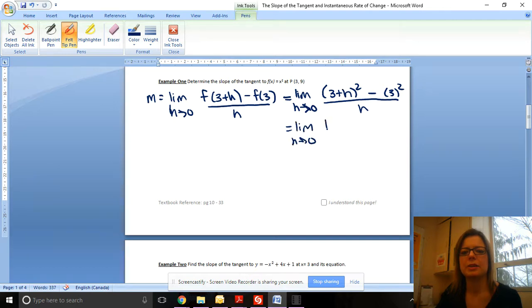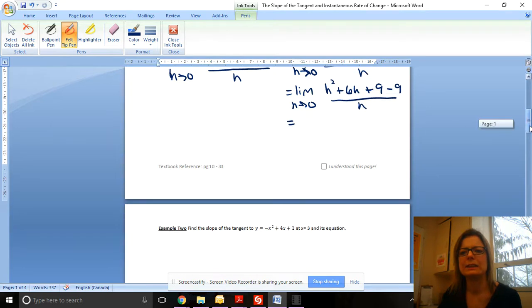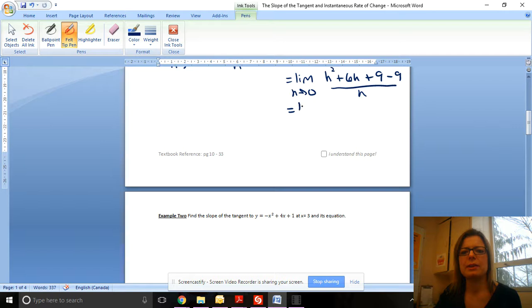So you get h squared plus 6h plus 9, and then minus 9 all over h. Watch what happens. Oh, I hope this isn't behind my head. Then you get the limit as h approaches 0. Check this out. 9 minus 9 goes away, and so then on the top you can common factor out an h.